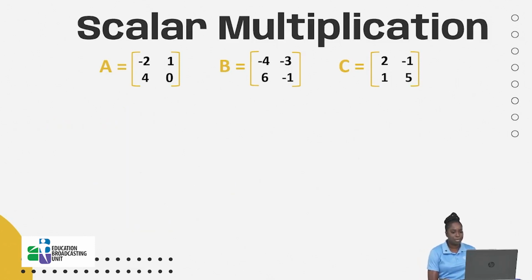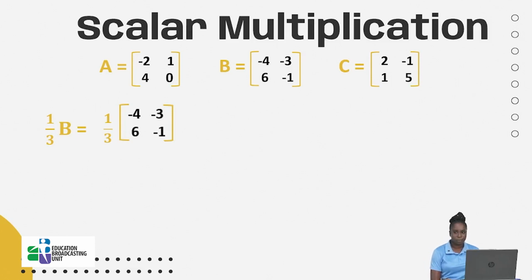This time, we're going to be multiplying a third b, 1/3 of b. So we rewrite the scalar, which is a third, and replace b with its matrix. Like before, we're going to multiply everything in matrix B by 1/3.